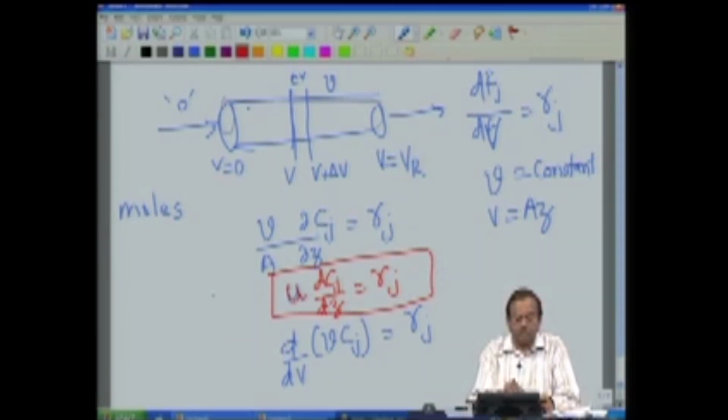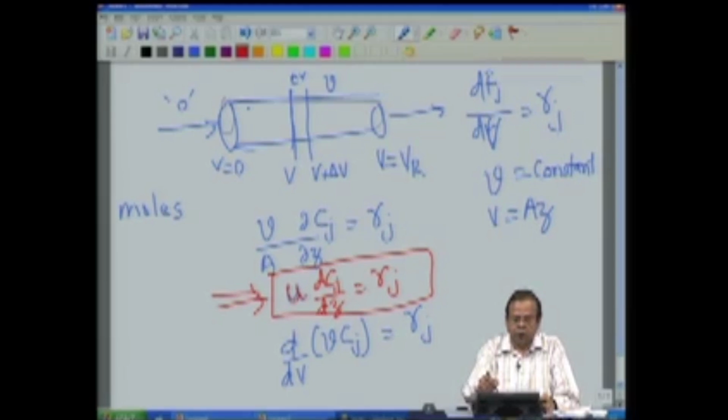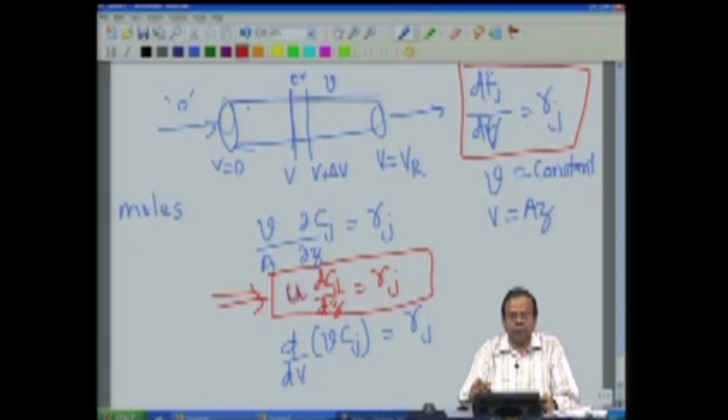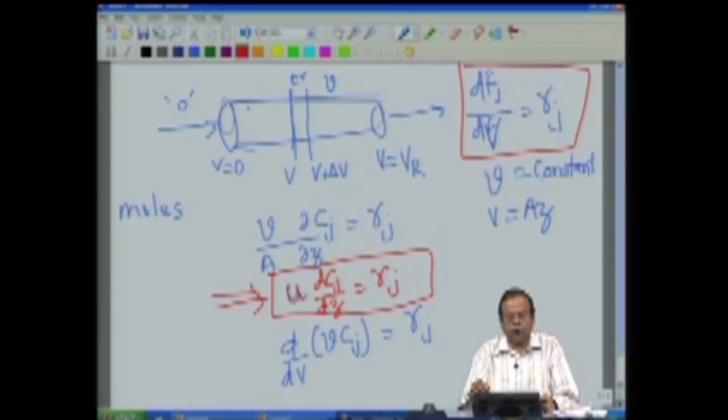This is the equation which you have probably seen as a design equation earlier, but this equation is applicable only under a specific case. The general mass balance equation is this particular form, dFj/dV equal to Rj, which under the conditions that volumetric flow rate is constant through the entire reactor, that means there is no change in number of moles for a gaseous reaction, or if it is a liquid phase reaction, that is a reasonable assumption.